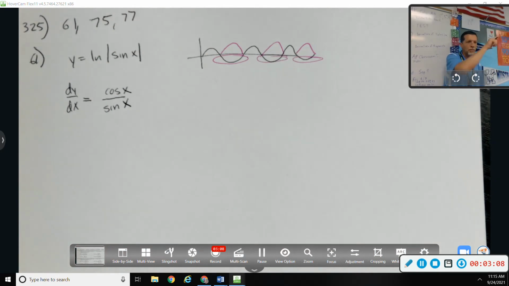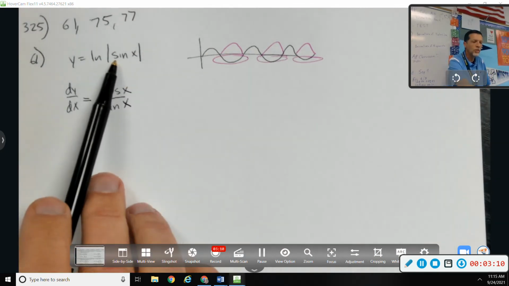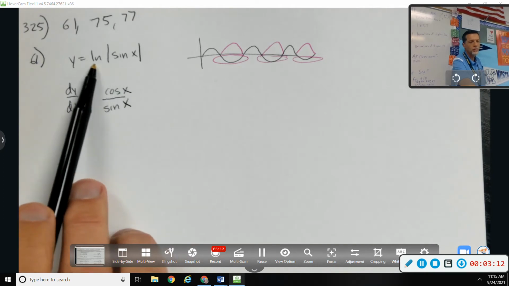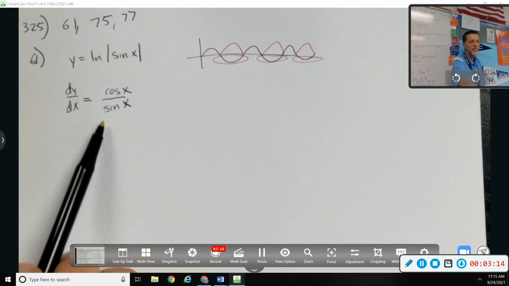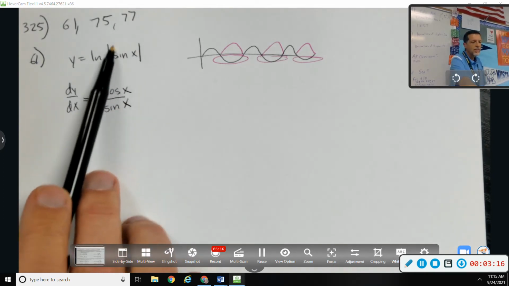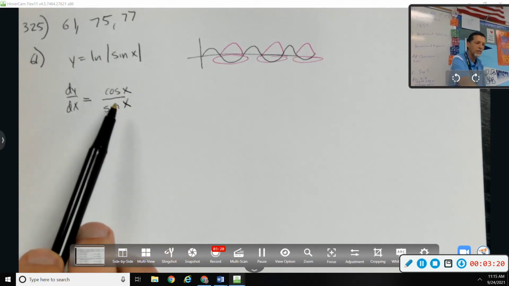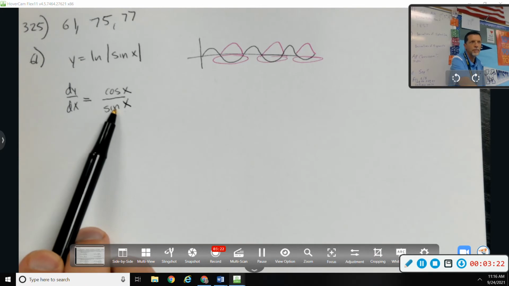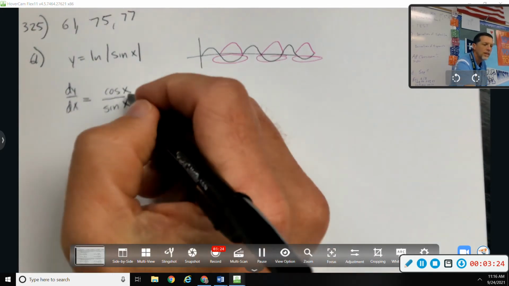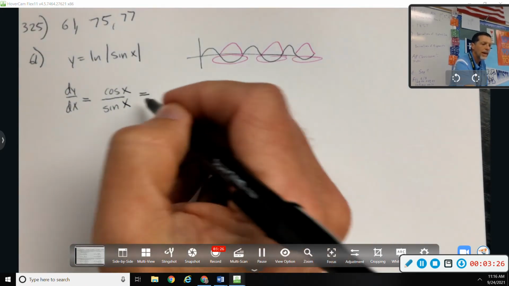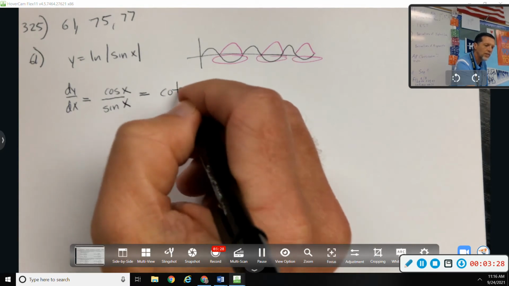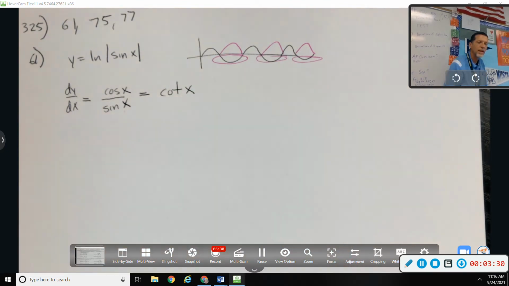Then your domain would be all real numbers because you could put in anything and be able to take its natural log. That's a good reason for why they're there. It's not a really good reason for why they're not there. I think CalcChat goes one more step and says cosine over sine is cotangent, but that's not necessary.